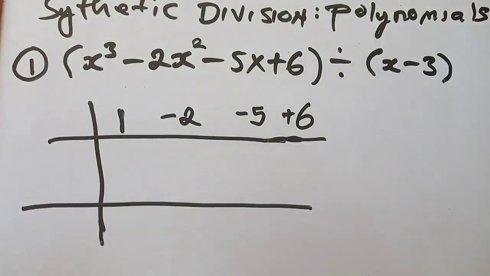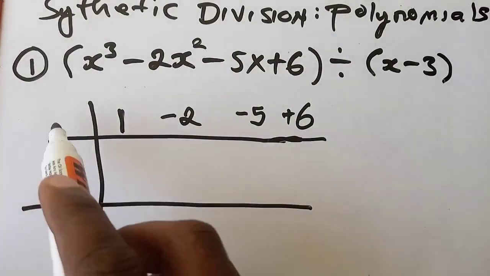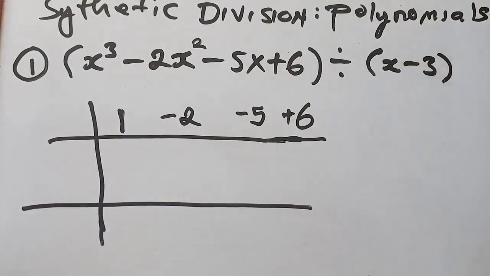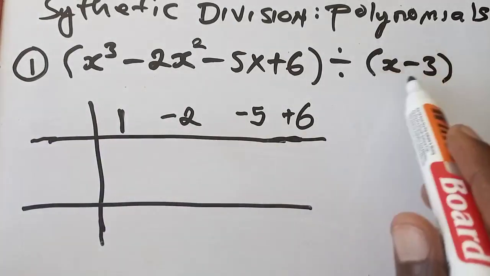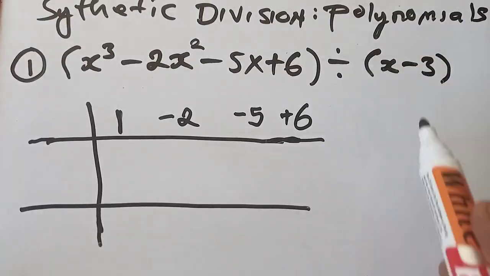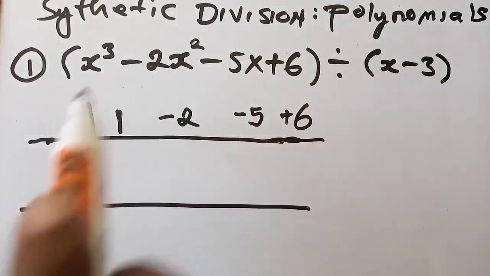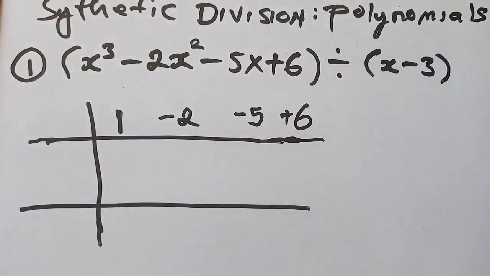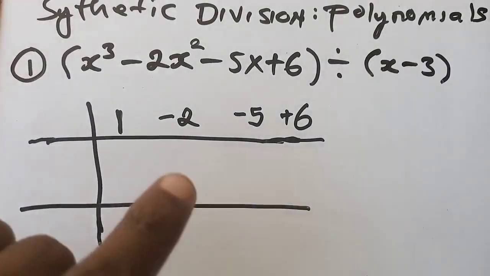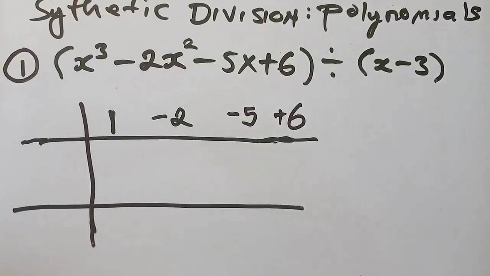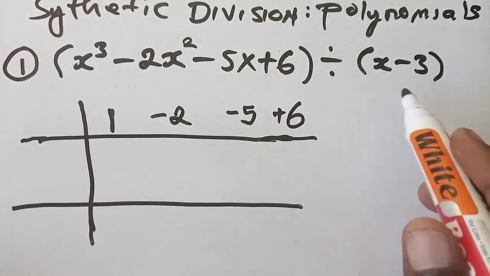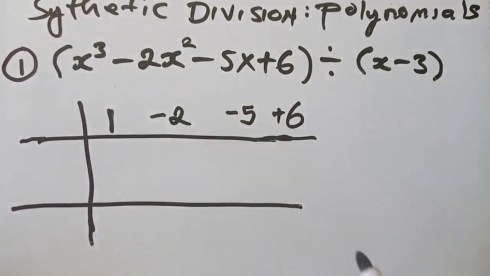Then here you are going to write the value of x of the divisor. This is called the divisor. This is the polynomial. The divisor is a number that you are dividing into a polynomial or into anything. So how do you find the value of x of the divisor?